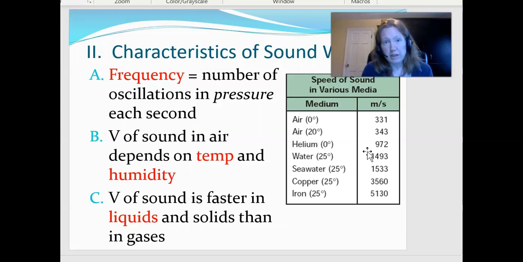And of course, the wave is traveling through the ground, which is a solid, faster than it's traveling through the air as a gas. You can see some of this on this chart, how much faster those speeds are in liquids and solids.